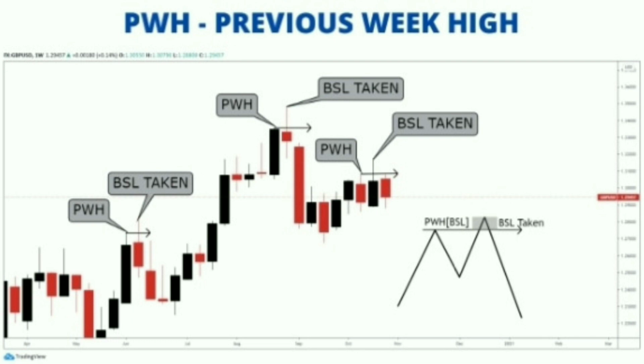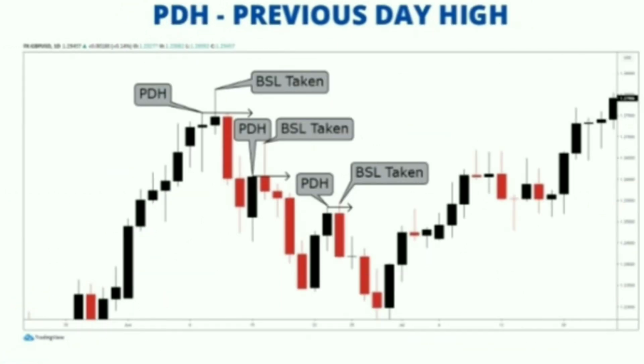In this case, you can see that the market breaks the previous day high, and after that it changes the direction to the downside. So after every BSL, the market grabs the liquidity of the retail traders by hitting their stop loss orders and changes the direction from bullish to bearish.